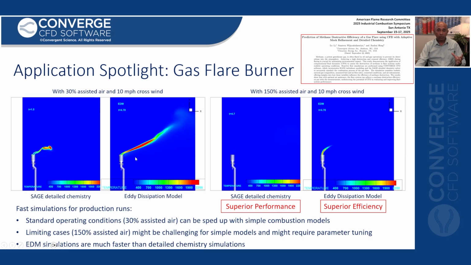But now when you go to limiting conditions, like if you increase the amount of assisted air that comes in, the flame should get blown out. Now, the detailed chemistry is able to predict the flame blowout process. EDM cannot predict that. Even then, you can see the flame shape is quite different and the flame is burning really poorly. So that's the advantage with Converge.